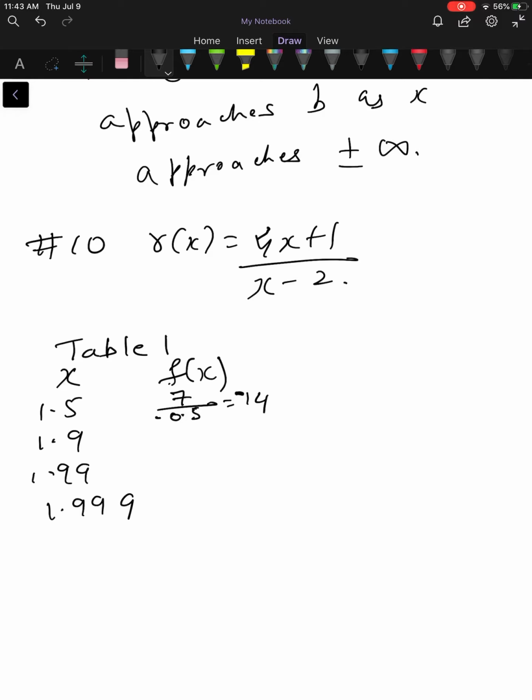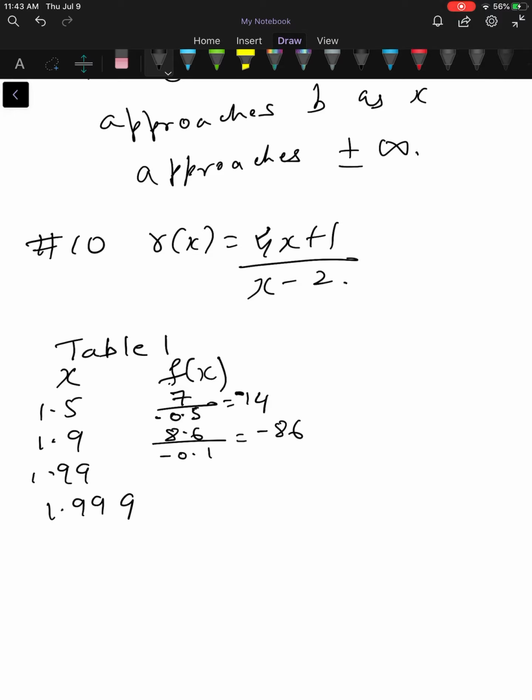So what happens if x is 1.9? 4 times 1.9 plus 1, the numerator will be 8.6, divided by 1.9 minus 2, which is negative 0.1, correct? So 8.6 divided by negative 0.1 will give us negative 86.